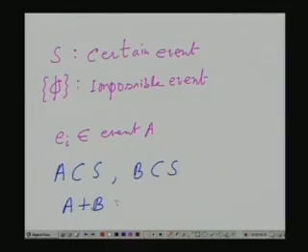There could be overlap between A and B. There could be some experimental outcomes which are part of both A and B, but some could be exclusively for A, some exclusively for B. A plus B means either A takes place or B, at least one of them has to take place. So, this is a bigger event in fact. If A and B are both non-empty, then A plus B corresponds to a bigger event, because it has more outcomes in general.